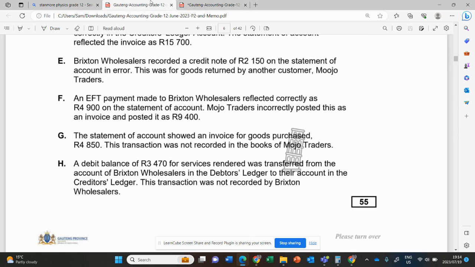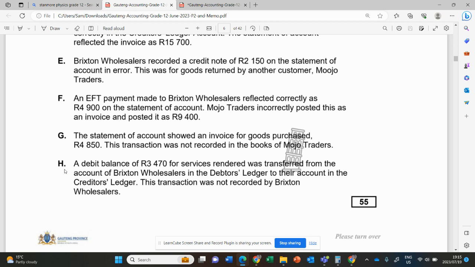Then now, the last transaction, a debit balance of 3,470 for service rendered was transferred from the account of Brestone wholesaler in the debtors ledger to their account in the creditors ledger. This transaction was not recorded by Brestone wholesaler.